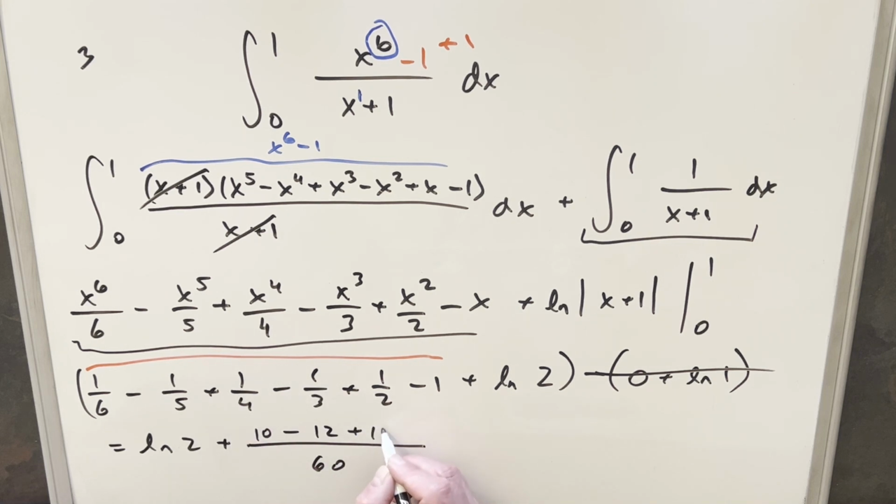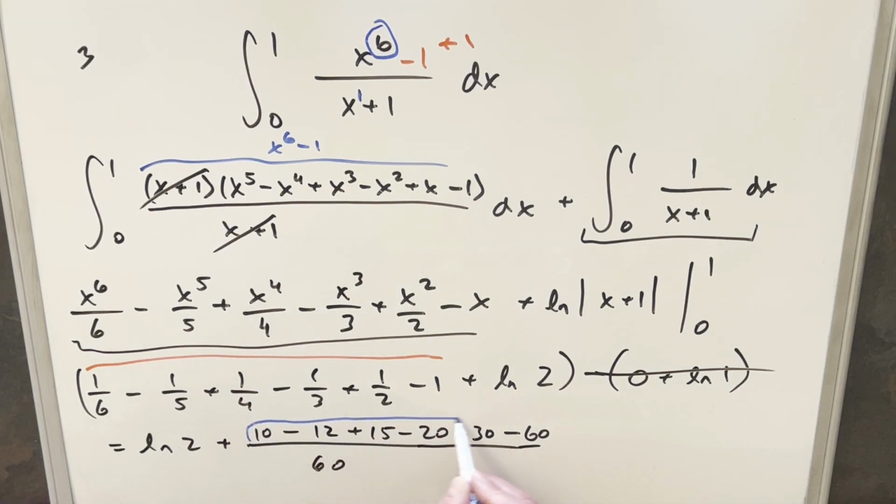And then this is going to be a 15, and this is going to be a minus 20, and this is going to be a plus 30. And then minus 1, we can write as minus 60 over 60. But if you add and subtract everything here, this becomes minus 37. So for my final solution, we're going to end up with natural log 2 minus 37 over 60.